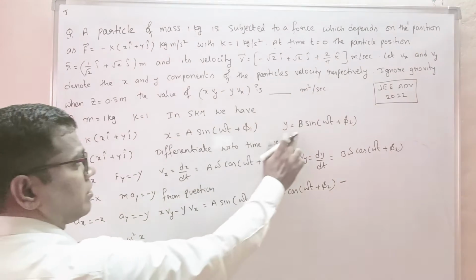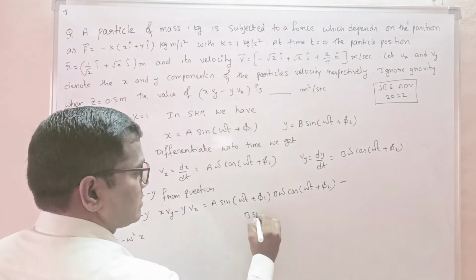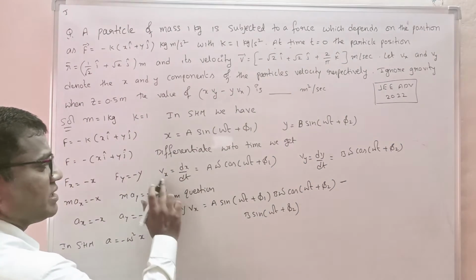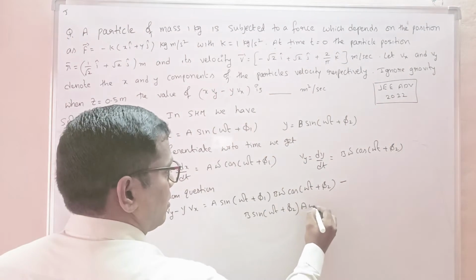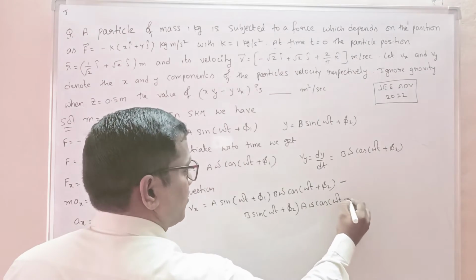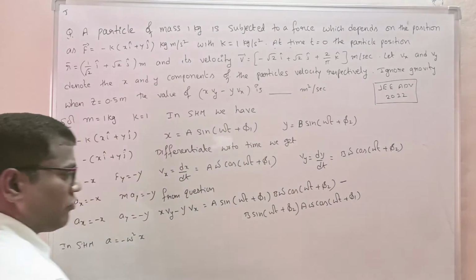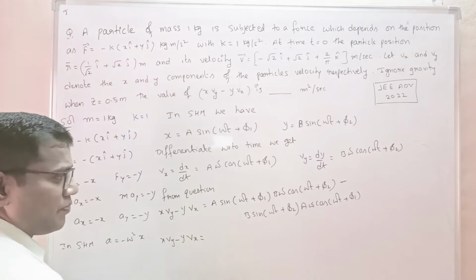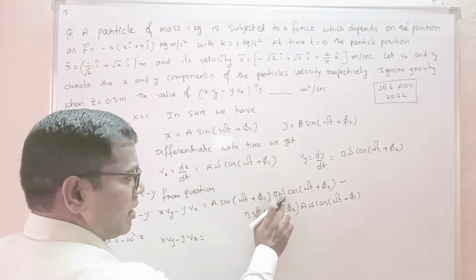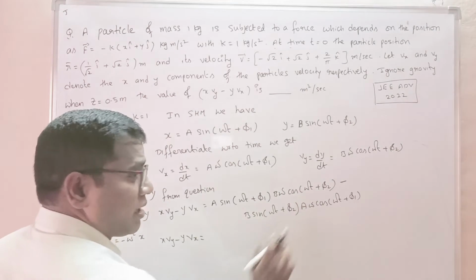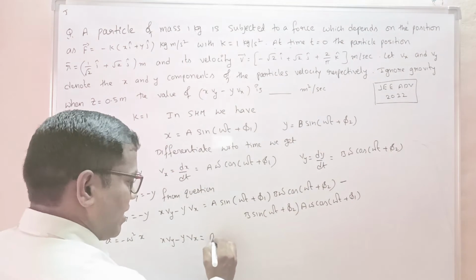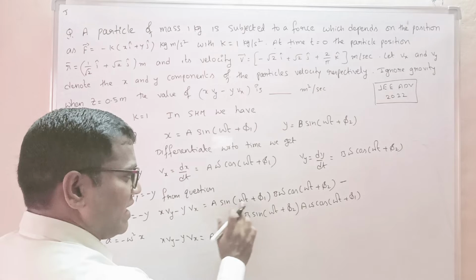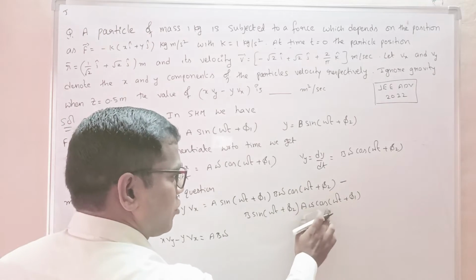What is y? b sin(ωt + φ2) into Vx. Vx is aω cos(ωt + φ1). So now x Vy - y Vx equals abω common, and you will get sin a cos b - cos a sin b.